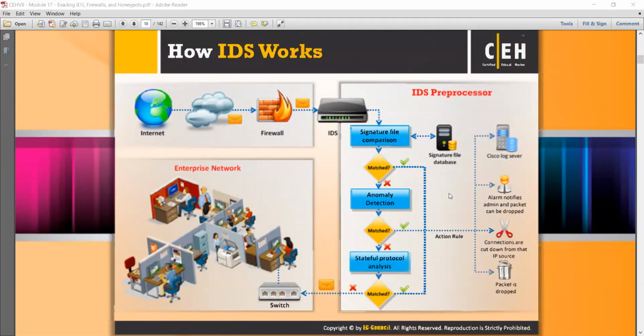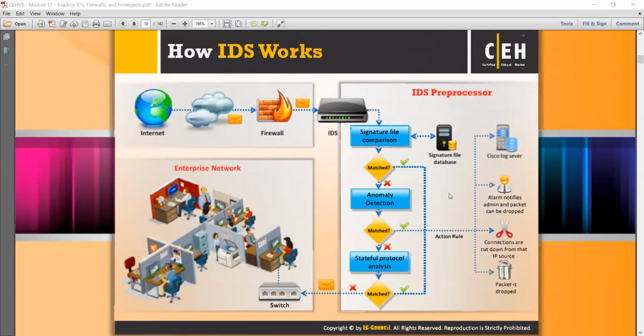If the signature is not matched, we go through anomaly detection. Anomaly detection detects based on behavior or activity. If the activity is matched, the connection is cut, or the packet is dropped, or an alarm goes to the security administrator. If not matched, we go to stateful protocol analysis.